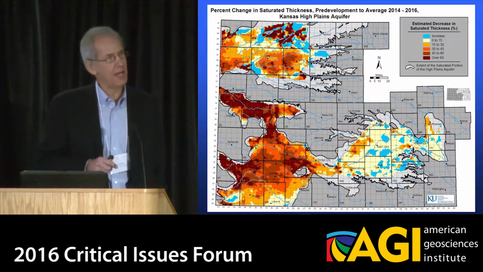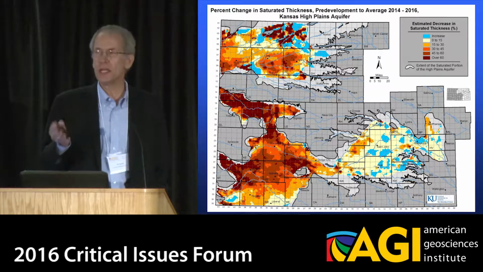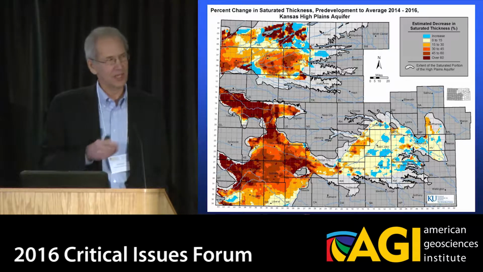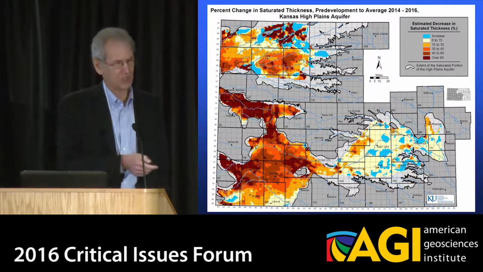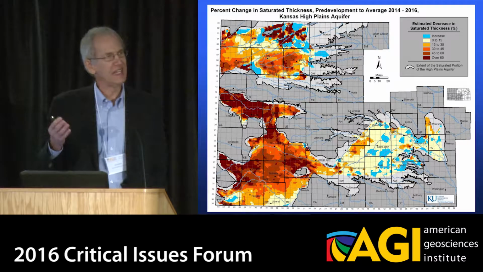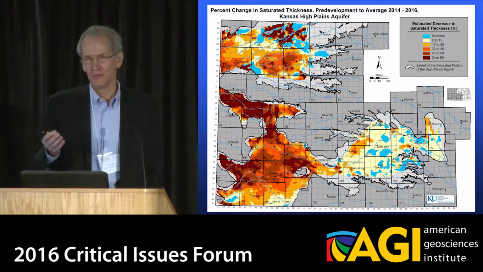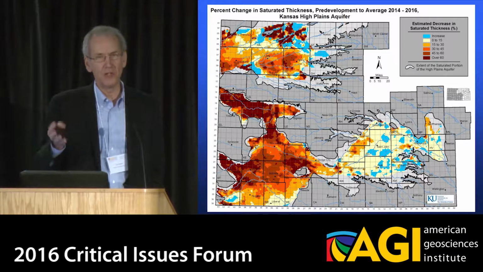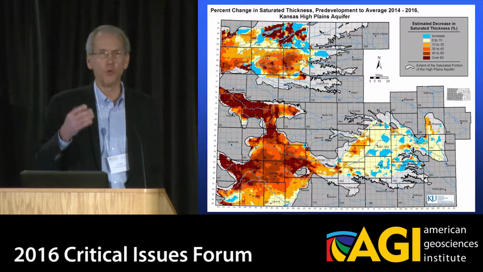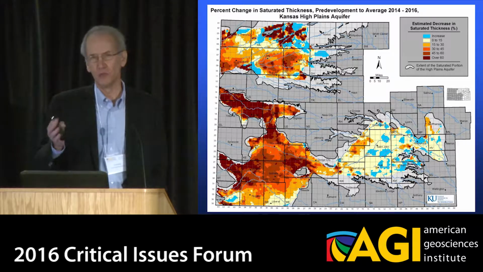Now, when you look at this map, you can see that there are two tales to tell about this High Plains Aquifer in the state of Kansas. In the south central extension of the aquifer in the state, you've got mainly yellows and blues. So although this area has been heavily utilized, it's subhumid in climate, and so it's been able to withstand that development reasonably well.